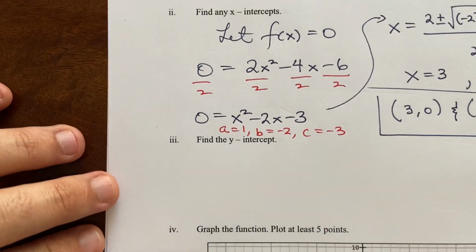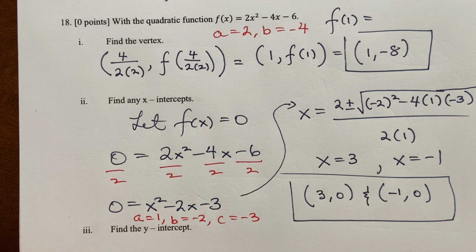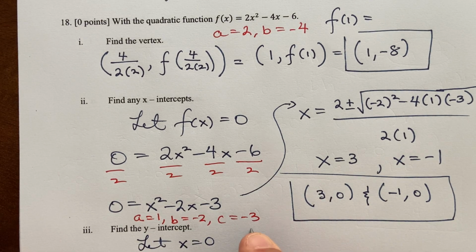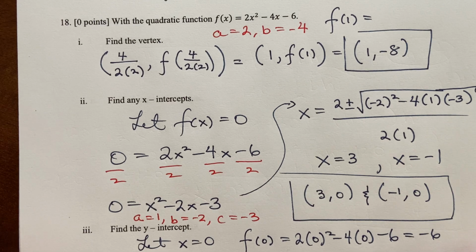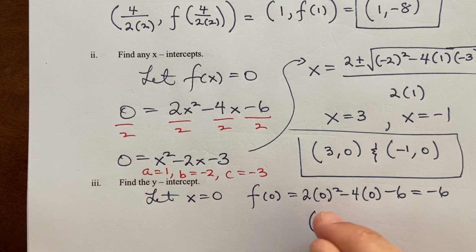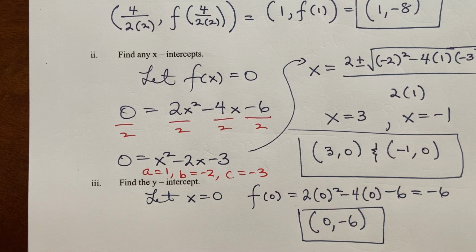Part 3 wants me to find the y-intercept. So what I do is let x equal 0 this time. So f of 0 would be equal to 2 times 0 squared minus 4 times 0 minus 6, which is negative 6. So as a point, we have 0, negative 6 as the y-intercept.